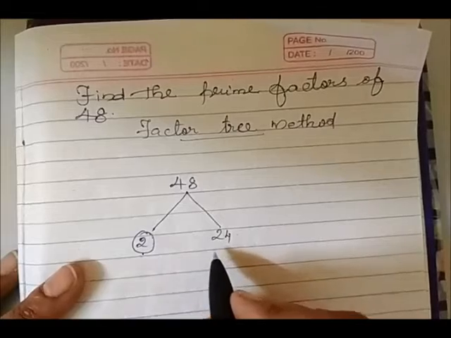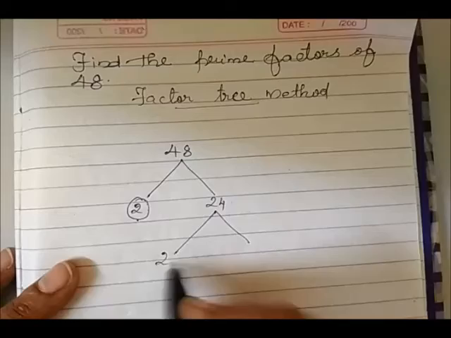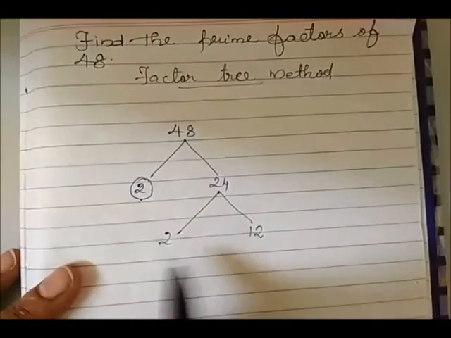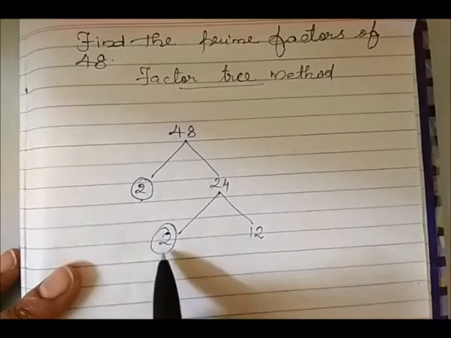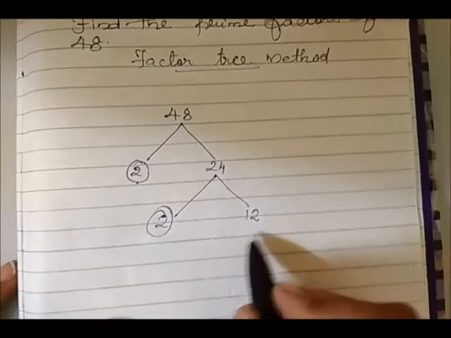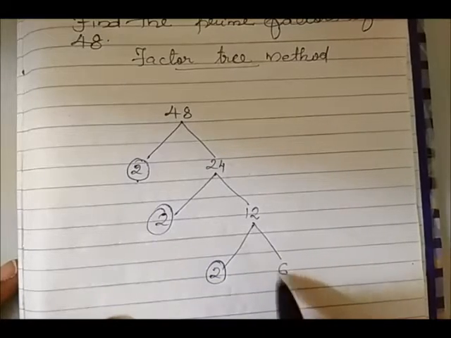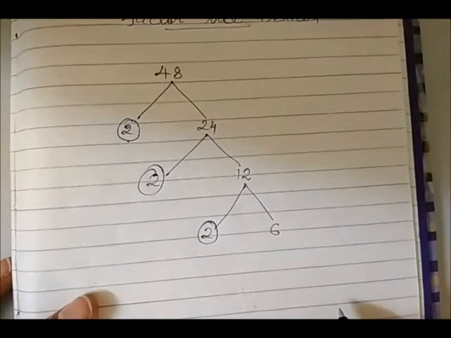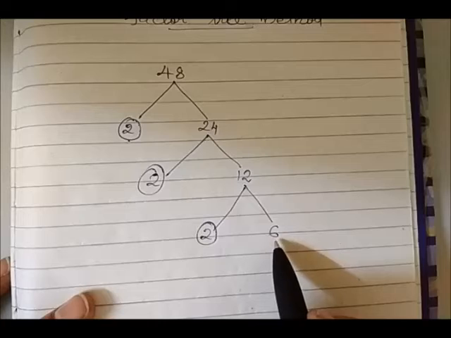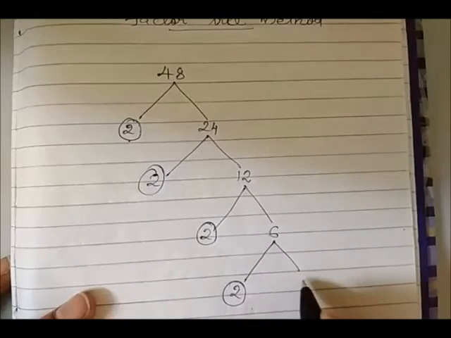Now we will factorize 24 again, that is 2 into 12 is 24. This is a prime number, so circle it, and again 12 you have to factorize. 12 you can write as 2 into 6. Again 6 you have to factorize. 2 into 3.